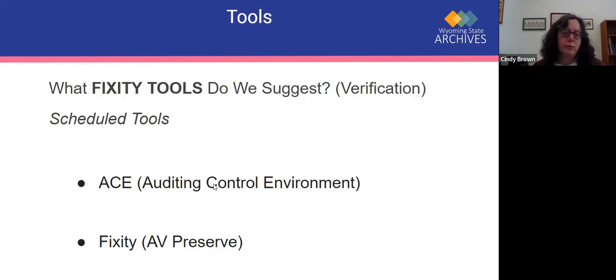And again, the title kind of tells you what its goal was. It wants to control the environment of those digital records. And then we already talked about Fixity from AVP. That's the subscription one that you can either use manually, or I think if you buy the Pro one, you can schedule.